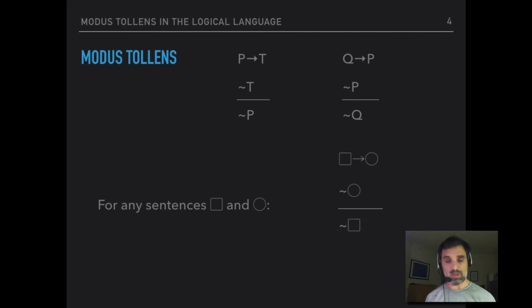For any sentences whatsoever, however big they may be, if we have premises looking like that, then we can infer that conclusion. And that's our modus tollens rule, which we'll abbreviate as MT. Okay, good.